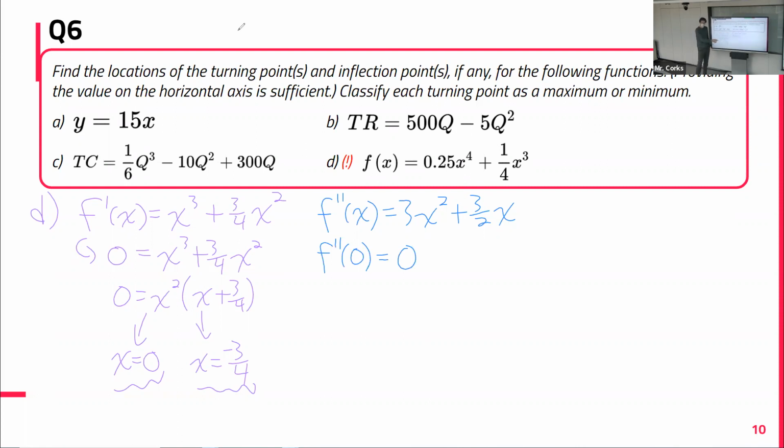So what does that tell us about this point where x equals 0? Inflection point. Is it an inflection point and a turning point, or only an inflection point? Only an inflection point. It's one of those special cases. So again, this kind of false turning point tricks us here. We think it is, but then we look and we realize that it's only happening where the second derivative is 0. So it's not actually changing directions at that point.